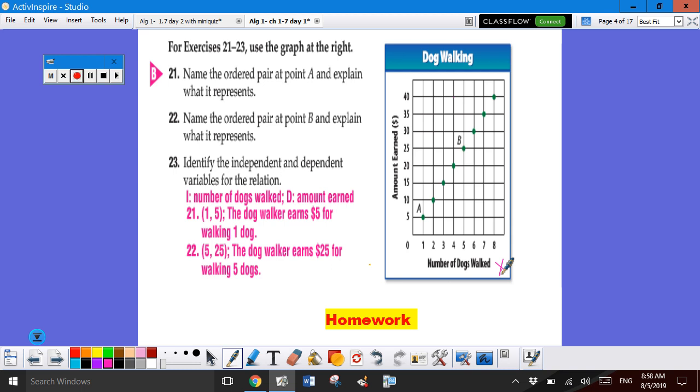And point B, 5 and 25. I walked 5 dogs, I made $25. Point A, I walked 1 dog, I made $5. So those kind of all go together. That one should have been pretty simple.